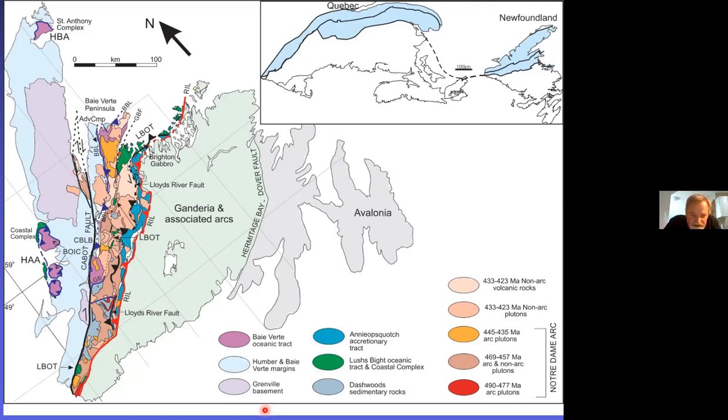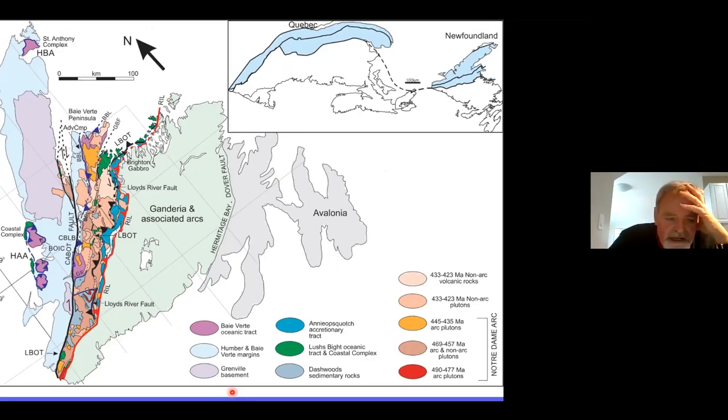What I will try to argue to you is that the style of deformation between the arc rocks and associated ophiolites to the east is very, very different to the Bay of Islands. Bay of Islands is basically a big slab of oceanic supra-subduction zone material that shows little deformation, certainly not penetrative deformation and metamorphism, whereas the rocks on the east side of the Cabot Fault are all deformed and metamorphosed.